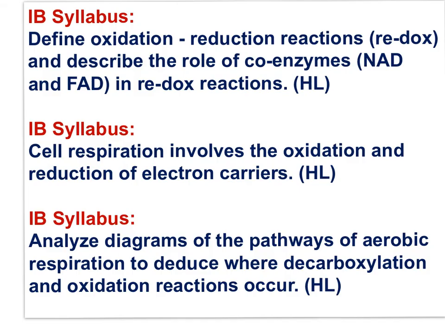And now, these syllabus statements should feel familiar. Define oxidation-reduction reactions and describe the role of coenzymes NAD and FAD in redox reactions. Cell respiration involves the oxidation and reduction of electron carriers. Analyze diagrams of the pathways of aerobic respiration to deduce where decarboxylation and oxidation reactions occur.